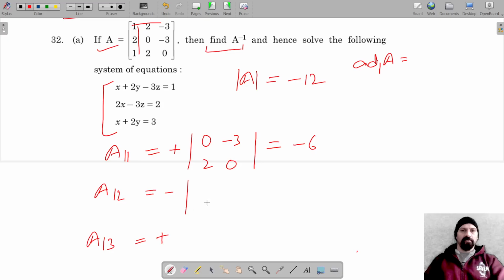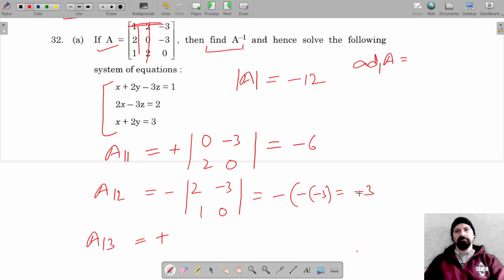The second one, removing the row and the column, leaves 2, negative 3, 1, and 0. This is negative 2 into 0, which is 0, minus negative 3 into 1, which gives negative 3.